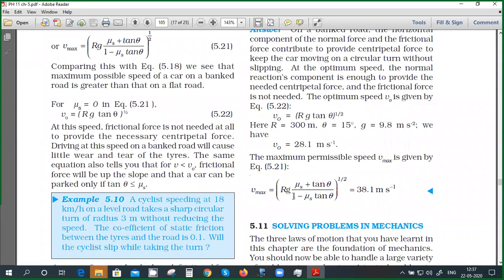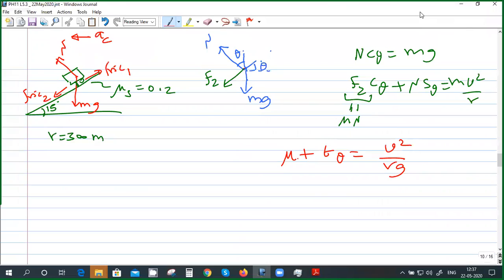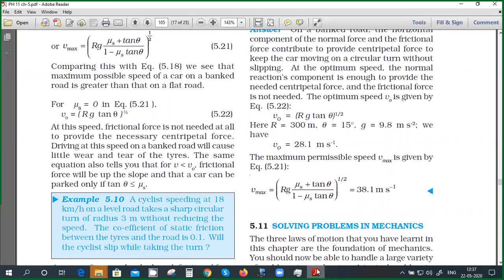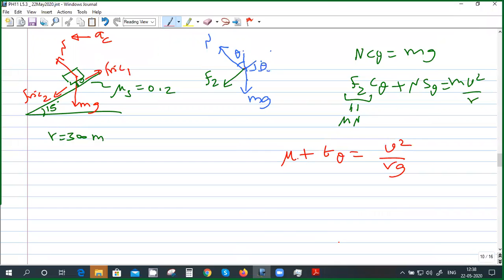I made a mistake. There is a mistake in the equation. No, mg plus F2 sin theta. Right.